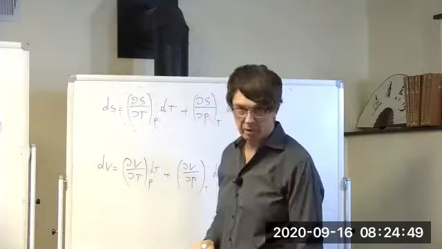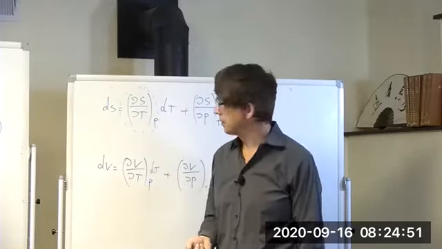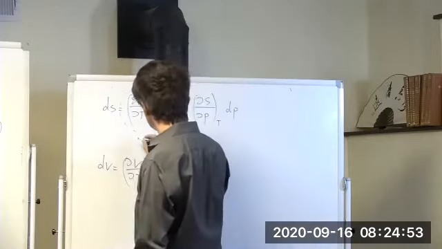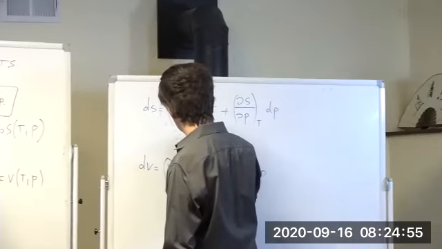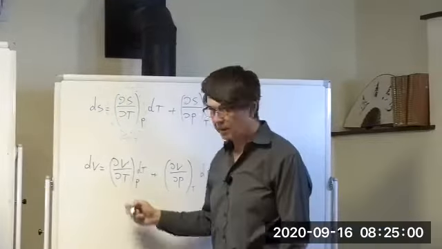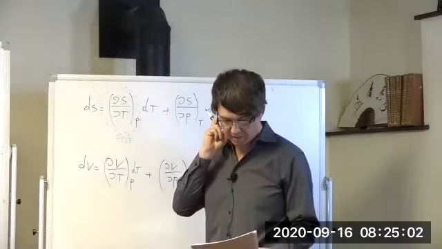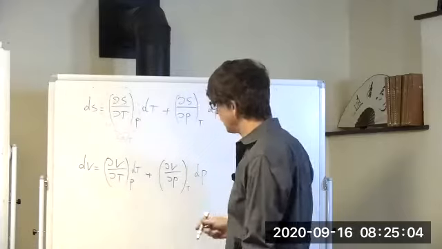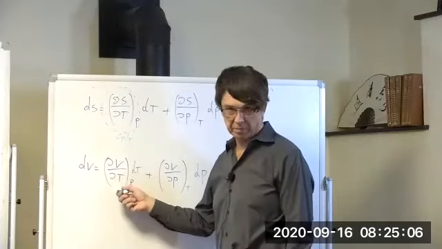And remember, T times dS/dT is the definition of the heat capacity. So this thing here is Cp divided by T. What is this other thing? I think we haven't explicitly defined this, but as you see, it tells you something about thermal expansion.